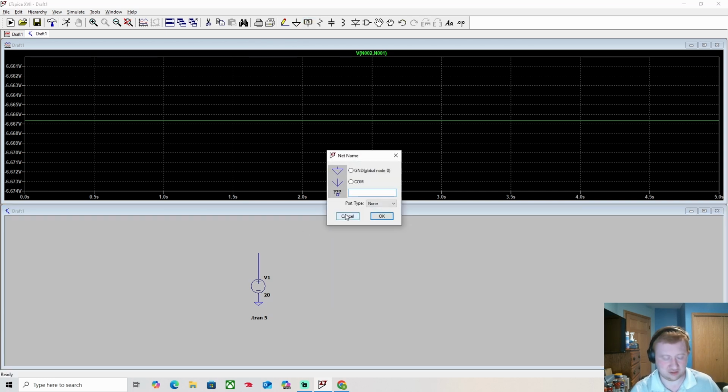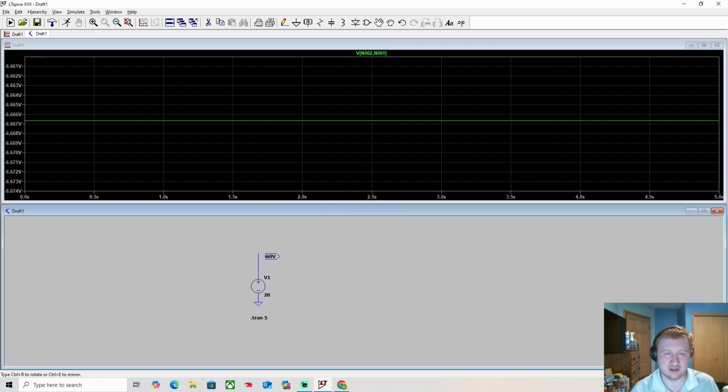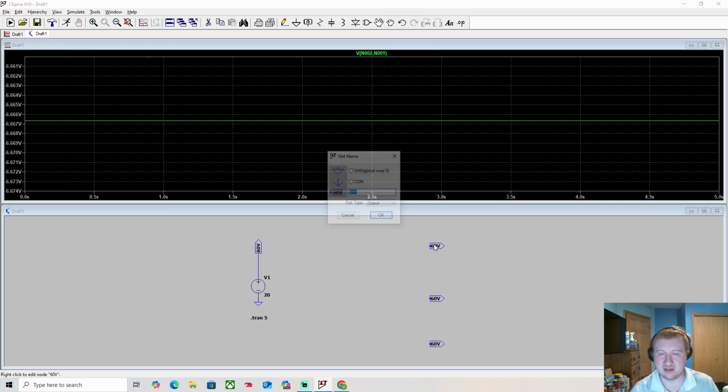Let's say you wanted a 60 volt reference point and you wanted it to be an output. I could literally leave this alone now, and this 60 volt flag will literally be the same 60 volt reference point wherever I choose to have it. I'll just leave it output. I don't need to change it.